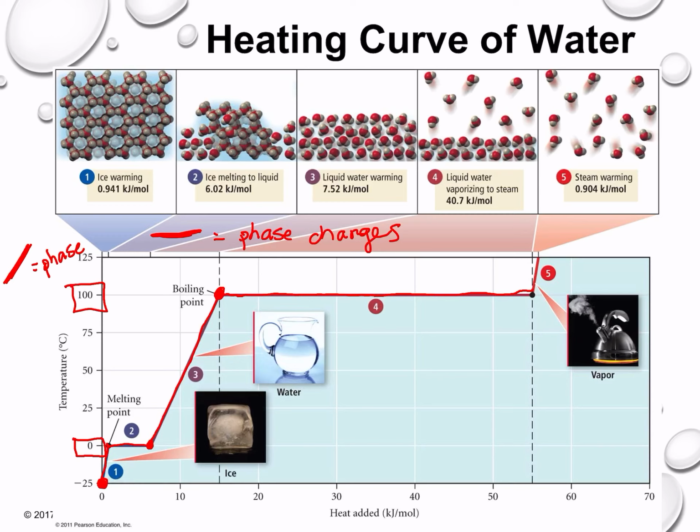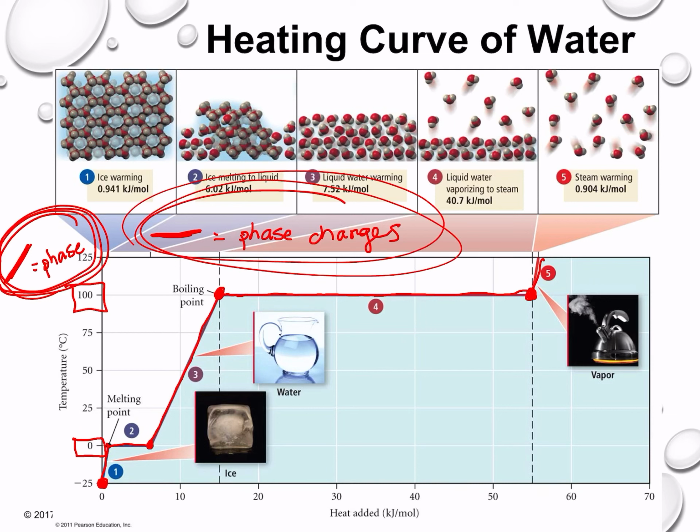It's not being used to heat up your water. Your water will stay at or right around 100 until all of the water molecules have been converted into steam or vapor. Once we've converted it all into steam or vapor, it will go back to heating up and getting warmer. This is how heating curves will always look. The key: sloped lines for phases, flat lines for phase changes. Very, very important.